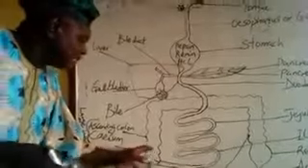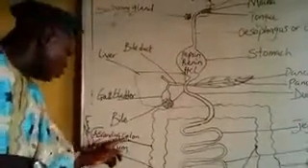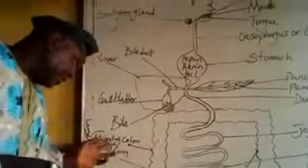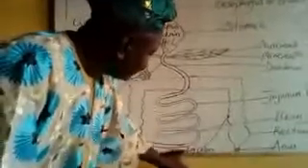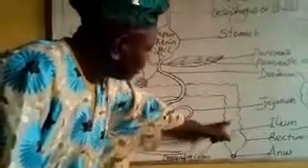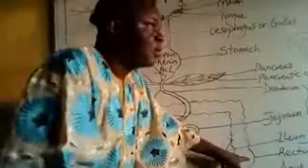So the undigested food will now move from the small intestine down to the large intestine, and it passes through this ascending colon, which is a large intestine also. It goes down to where we have the descending colon. From there to the rectum, before its final removal from the body through the anus.